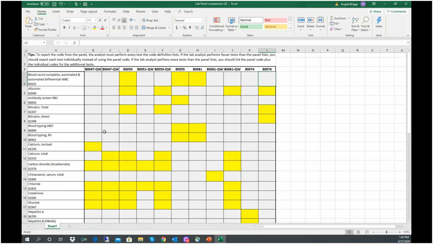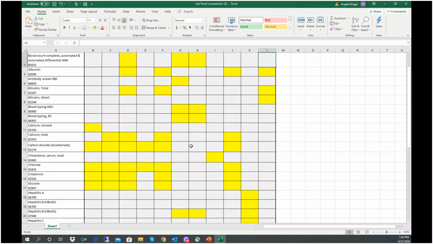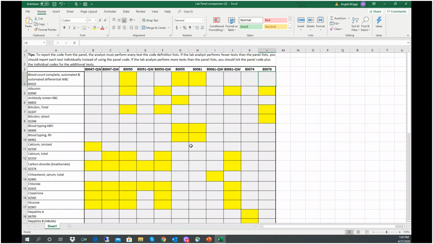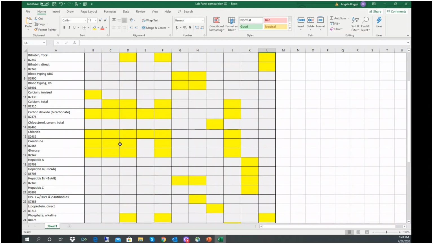So the most comprehensive panel that you have, the 80050, is more comprehensive than the 80047. So for the tests that weren't included, for example, the calcium ionized is not included in the 80050, we could pick that up in addition to the 80050.